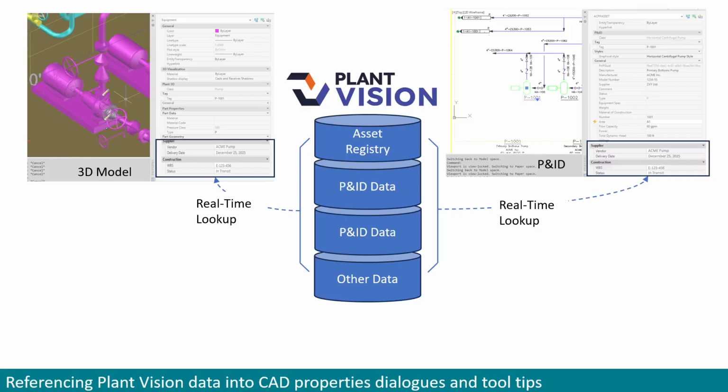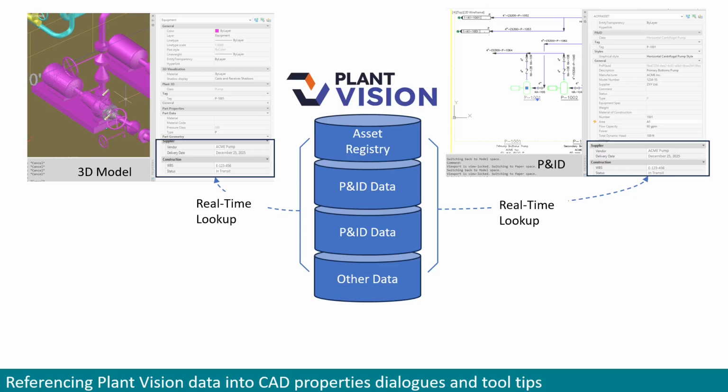In an upcoming new feature, Plant Vision will reference data into the AutoCAD design tools, properties and tooltips, so that they're available from the user interface. So with Plant Vision, we can make this extra data available in the desktop tools without having to edit the schema and import and export in and out of the design tools and databases, as we've discussed in previous slides.